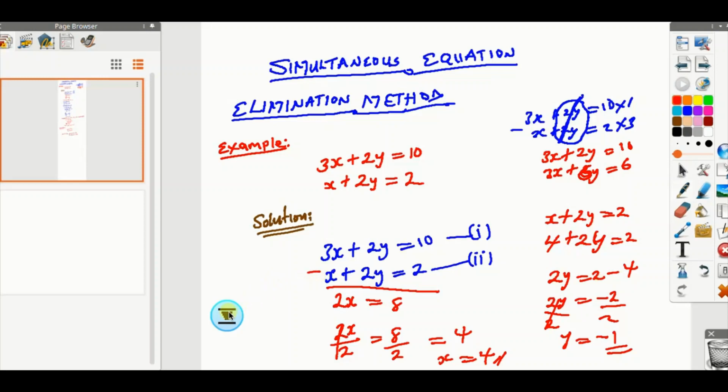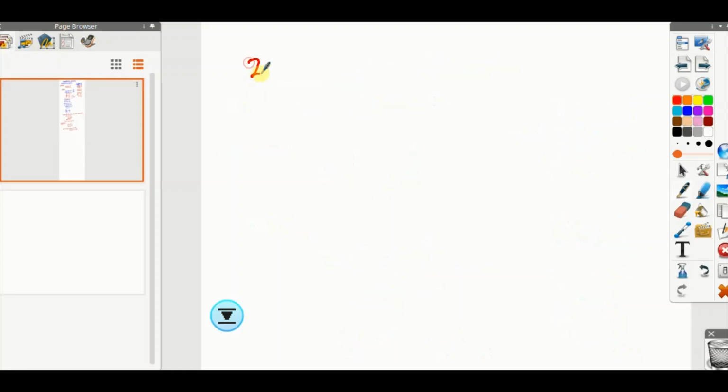Let's use another example. We have 2x equal to 10 minus y, right? And we have 3x minus 2y equal to 1, right? So the first thing that you can do, we are using the elimination method now, let's rearrange this.